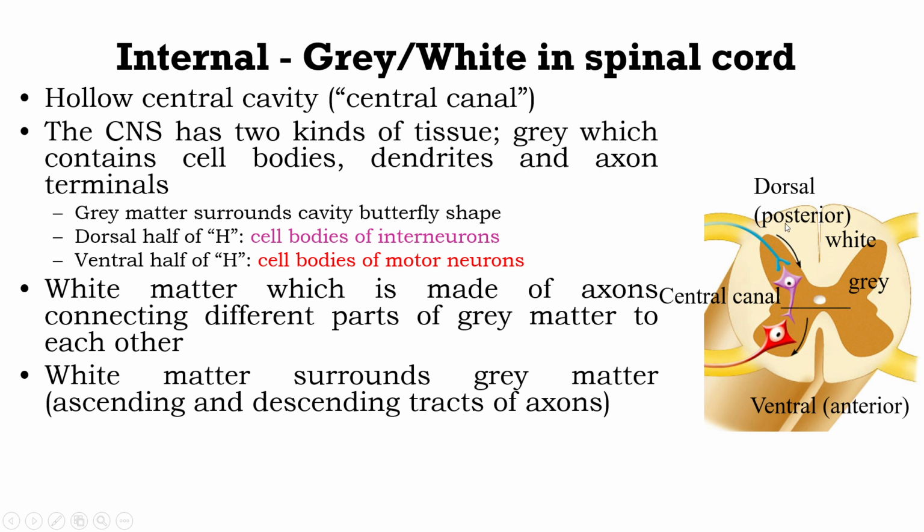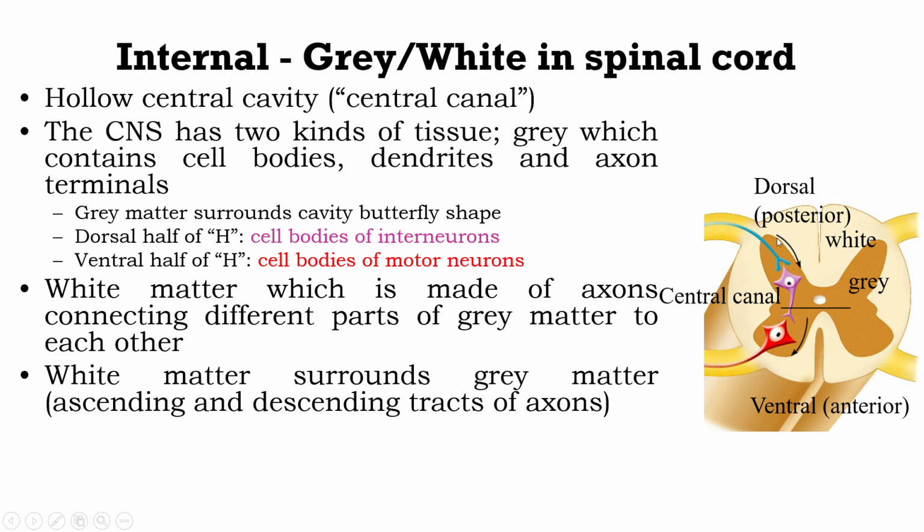And then surrounding it is this now whitish matter, which is composed mostly of the fibers themselves, and these could be descending or ascending. So when you critically look at the gray component, it's got two types of horns. Now, the back here, the dorsal, has these horns that receive sensory stimulation, hence the dorsal root that we talked about.